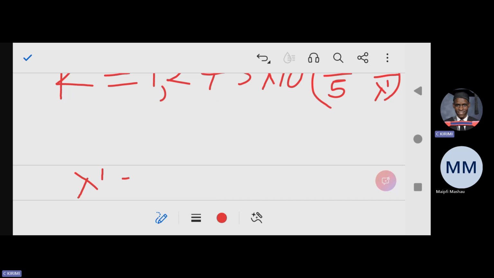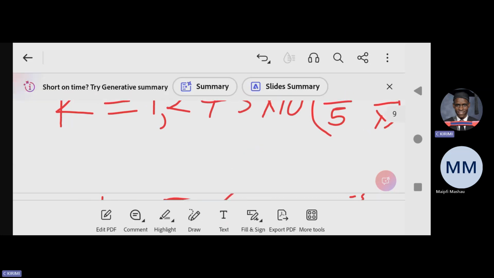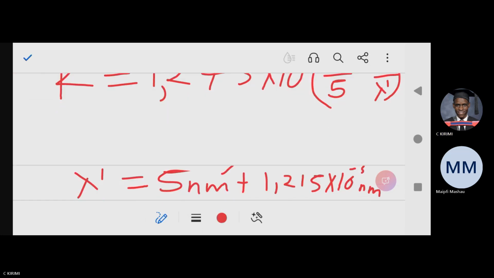Lambda prime will be 5 nanometers plus 1.215 times 10 to the power negative 3 nanometers. That is the answer. So to make your life easy, this is what you are supposed to substitute for lambda prime.